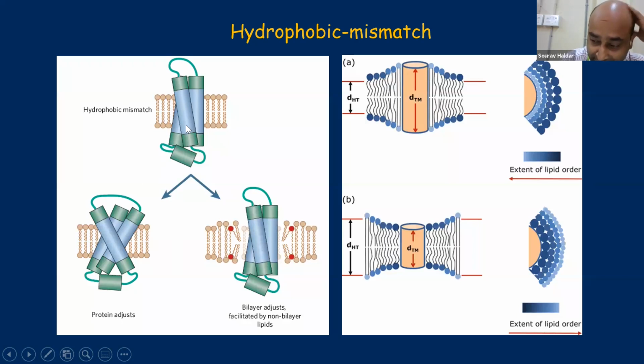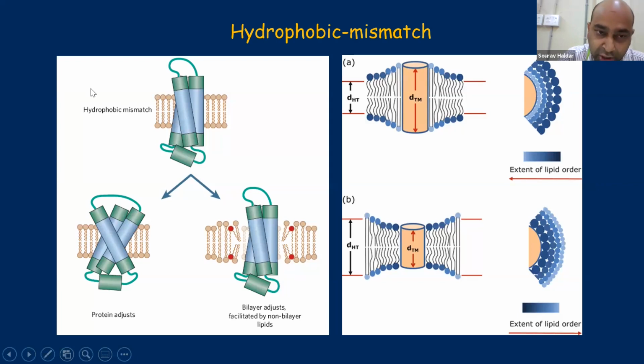For example, it has been very well studied with gramicidin because the kind of manipulation that I was telling you about during hydrophobic mismatch can be very easily carried out in gramicidin. And since gramicidin is an ion channel, its function can be very easily found out by electrophysiological measurements.